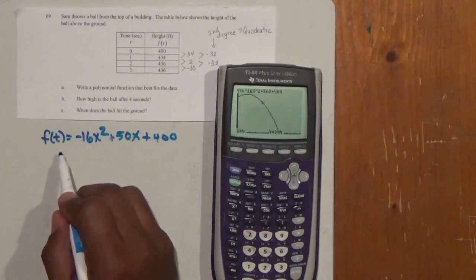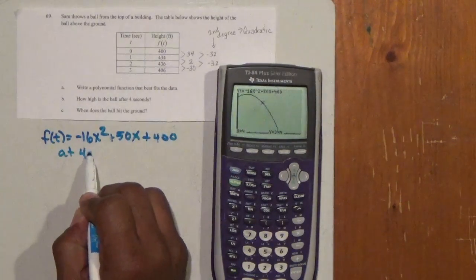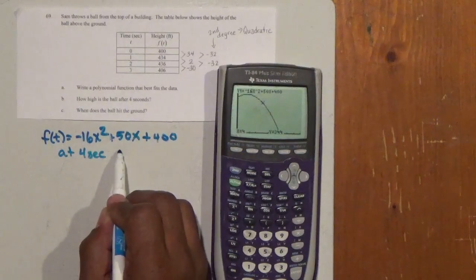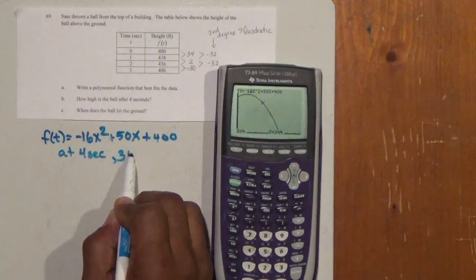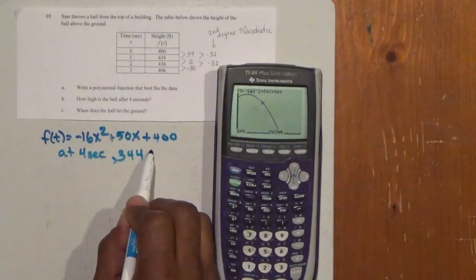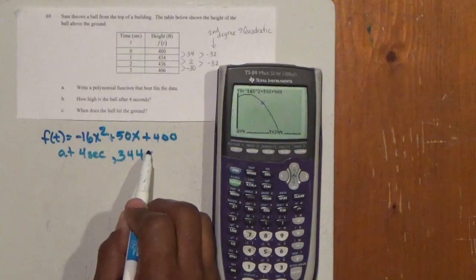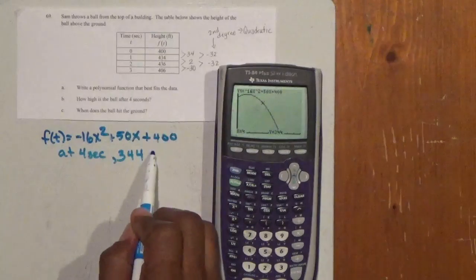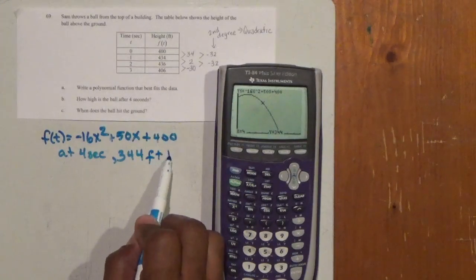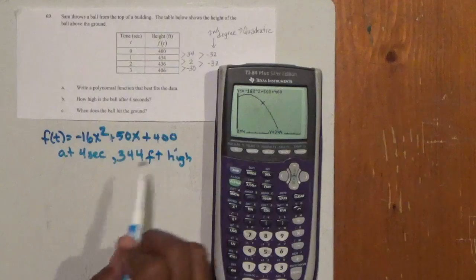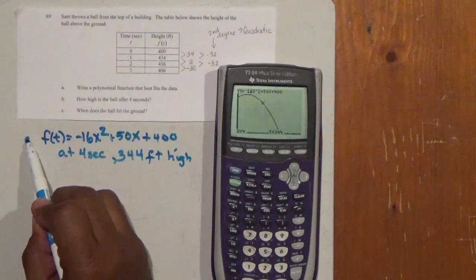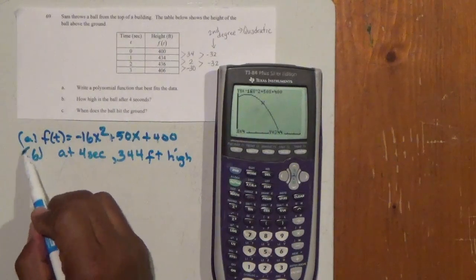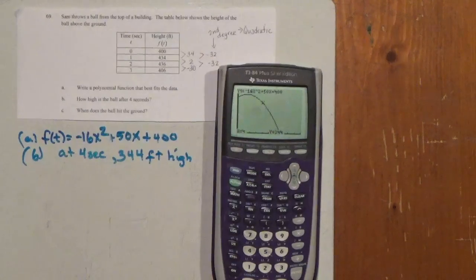At 4 seconds, it is 344. I'm assuming that it's feet. It does say feet. So it is 344 feet high. There's A, there's B.